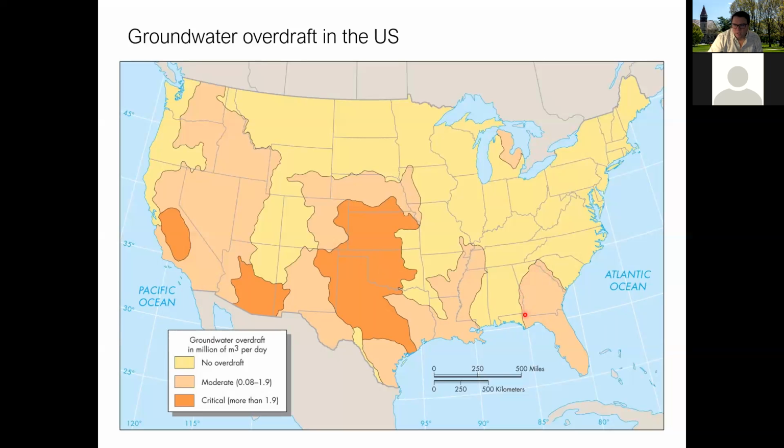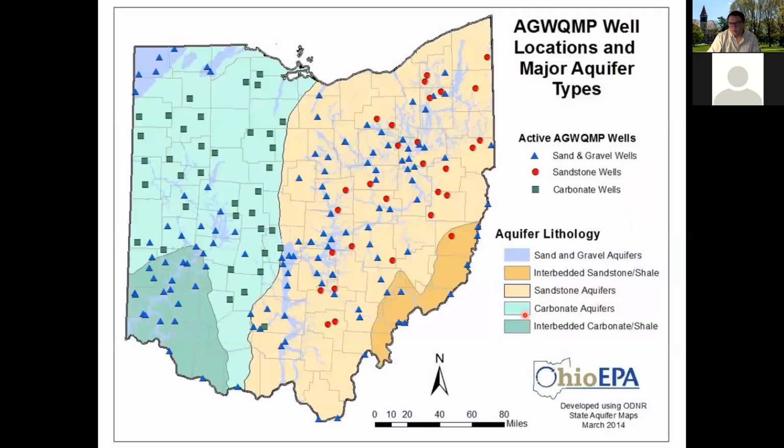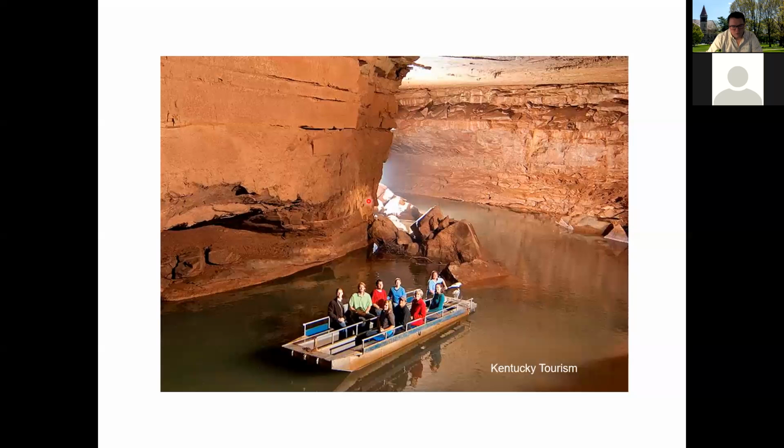In Florida, that moderate drawdown is drawing the water down, and if you watch the news, pick your favorite news channel, at least once a year you'll hear about a ground collapse in Florida, where there's a carbonate subsidence. Usually those are karsts being formed.